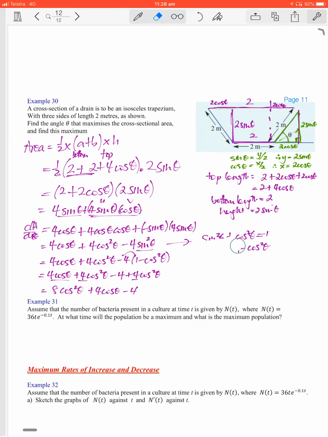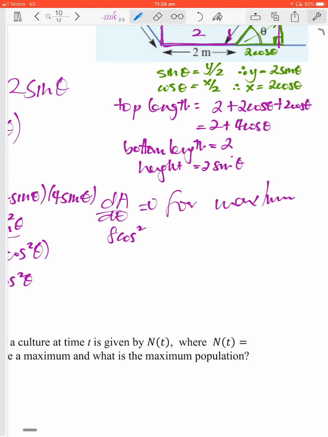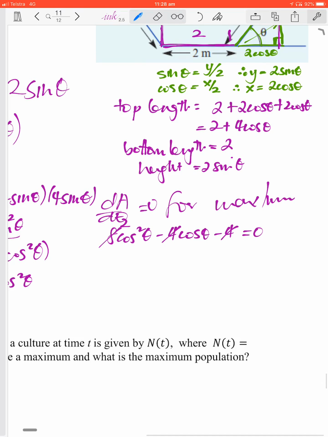Now we know dA/dθ equals 0 for max min, so it equals 0. Okay, so we've got 8 cos squared θ minus 4 cos θ minus 4 equals 0. Let's divide through by 4, so we get 2 cos squared θ minus cos θ minus 1.